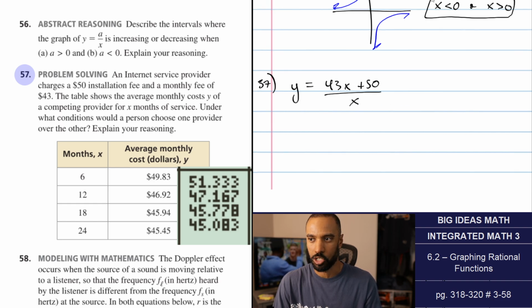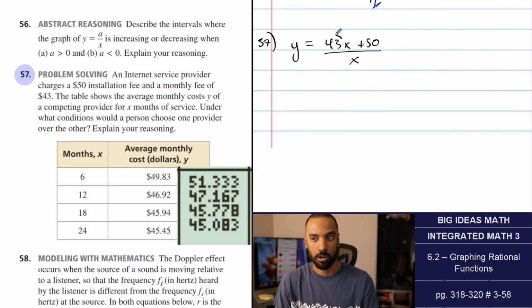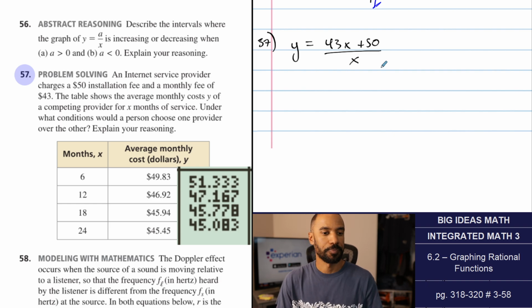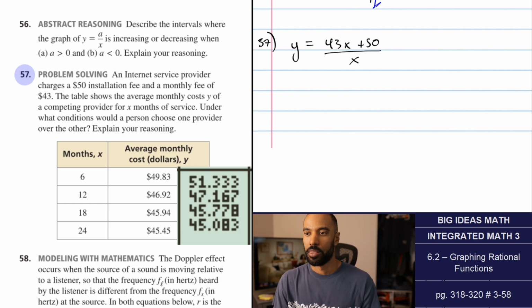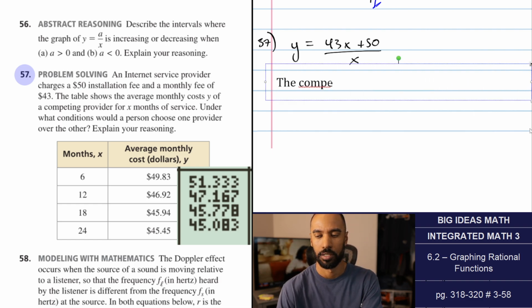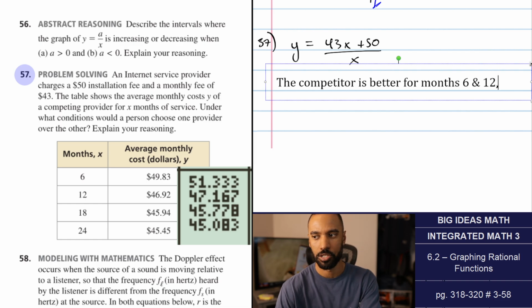This becomes cheaper, and it should become cheaper over time. Now it only narrows to $43, right? I don't know what the other one narrows to. Probably 45 for all I know. But the first ISP, let's see, the competitor is better for months 6 and 12. I don't know when they changed though.